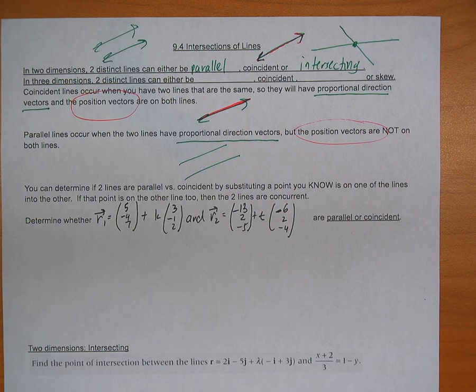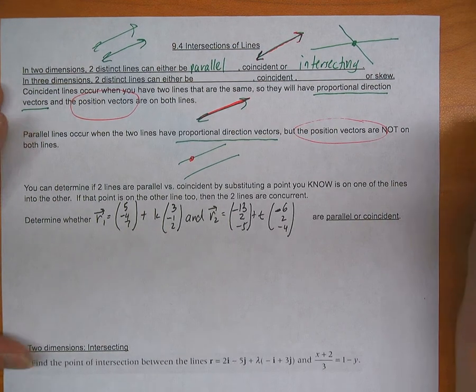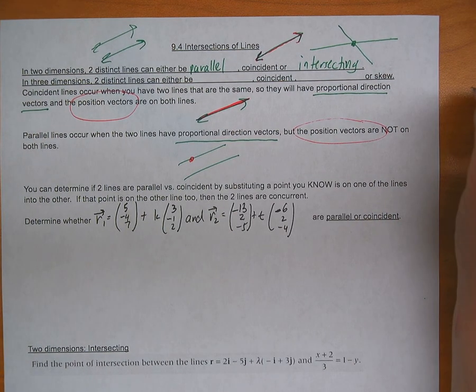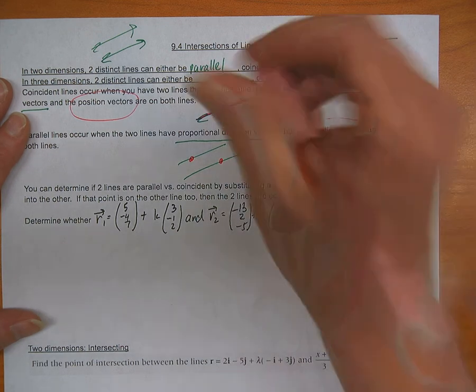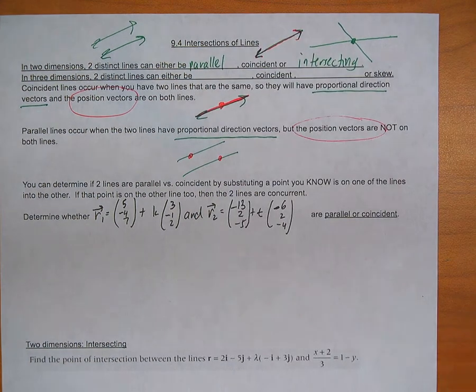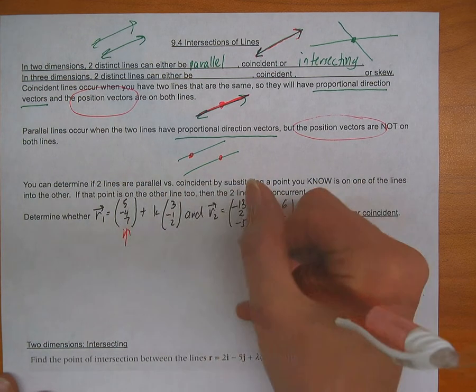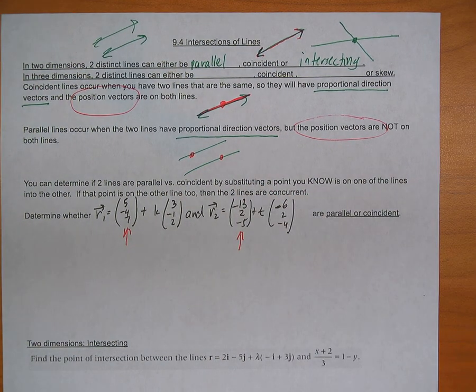For example, if I consider this to be one of the position vectors, that pink dot is not also on the other line. It's only on the top line. This pink dot is only on the bottom line. Whereas with coincident lines, the pink dot is on both. And that's basically how you tell the difference between parallel and coincident lines. You figure out whether the point you've got is on the other line.